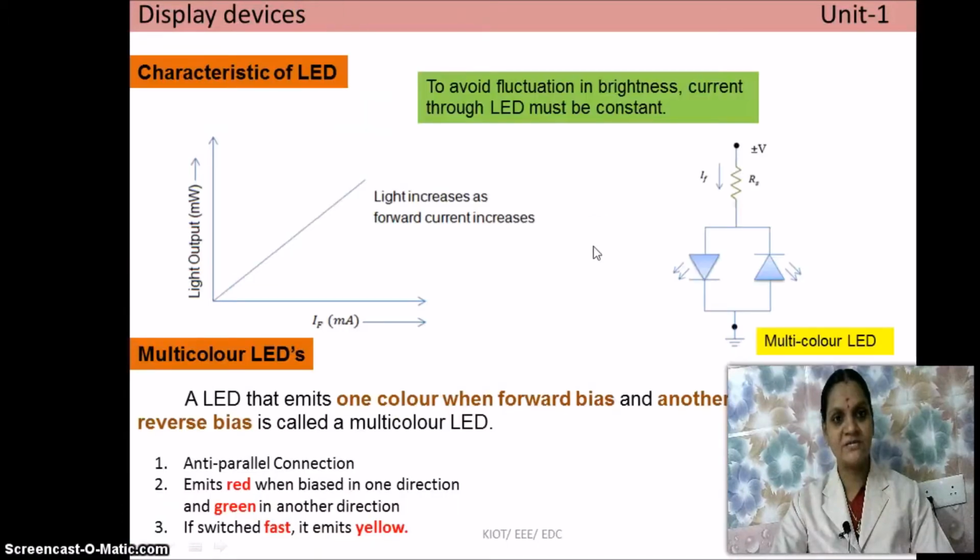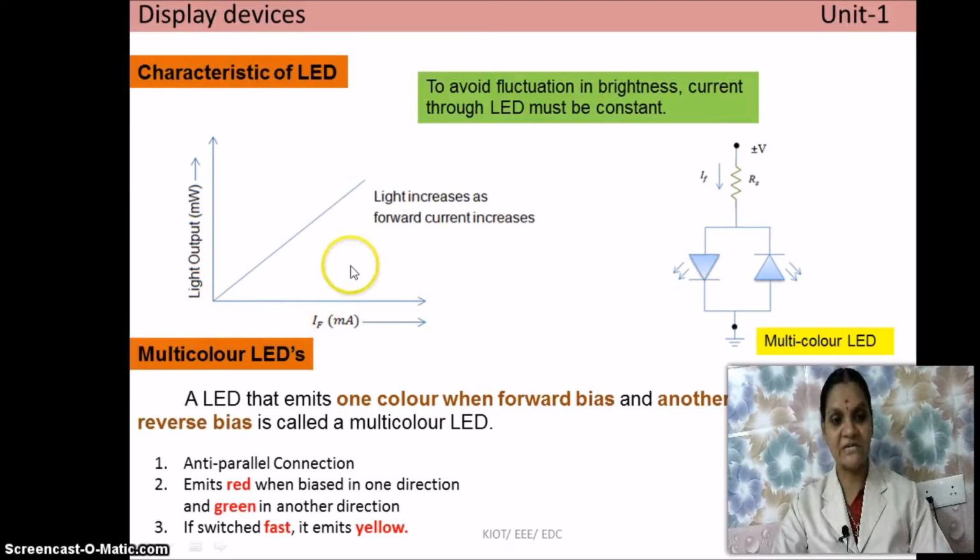The next one is the characteristics of LED. Normally for any device we need to find the characteristics in order to understand how the device behaves for variations in the input quantity. Similarly here also, the input is the current flowing through the LED, and the output is the brightness of light emitted from the LED.